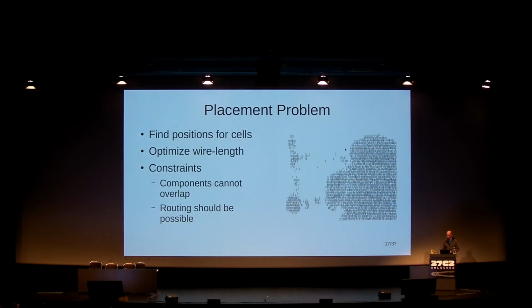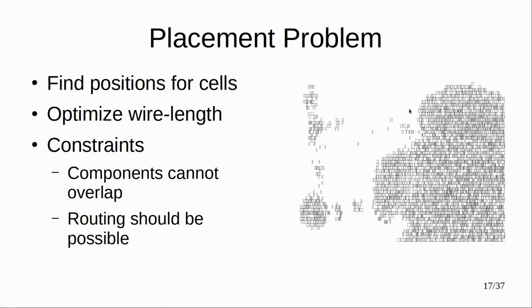So, placement. You need to find good positions for all the components on the chip. And what does it mean good? Usually we want to optimize certain things. For instance, the wire length, because the wire length will be important for how your circuit performs, how fast you can run the clock. But it's also important for routing.